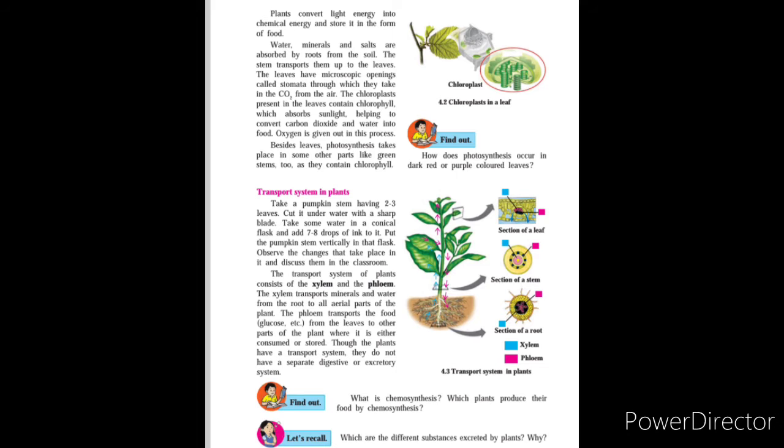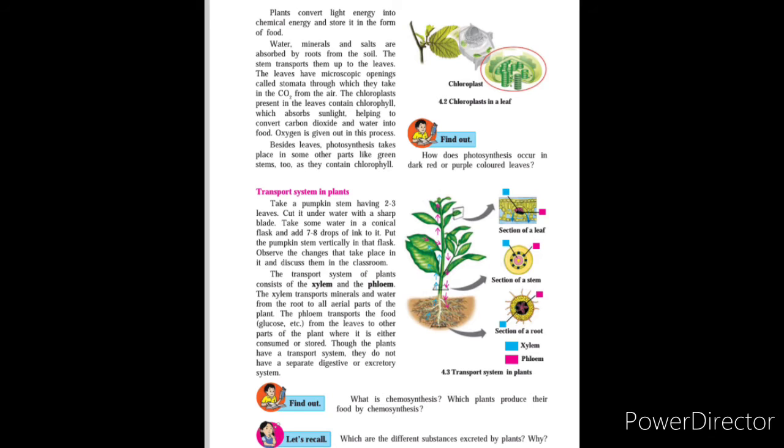Chloroplast absorbs sunlight, helping to convert carbon dioxide and water into food. It helps the chemical reaction by absorbing sunlight. Oxygen is given out in this process. You can see in the chemical reaction that oxygen is released, with an upward arrow. The arrow means it is a gas, so it is released out.